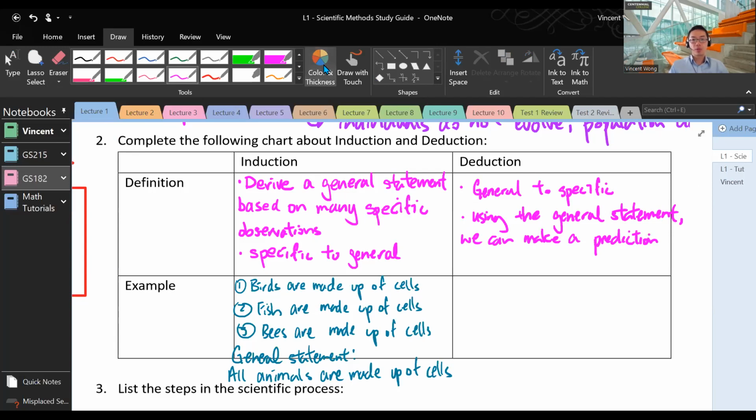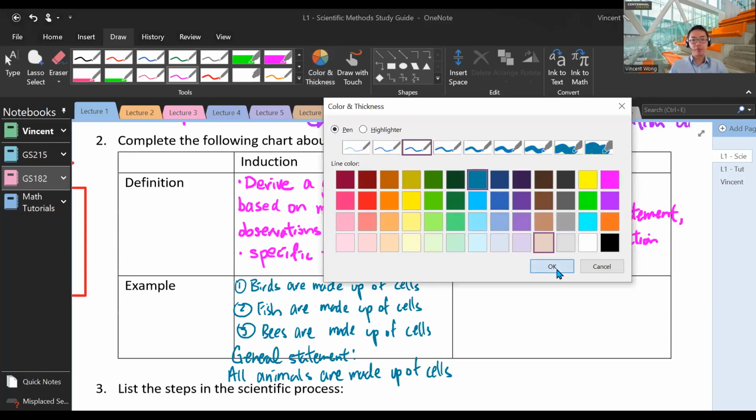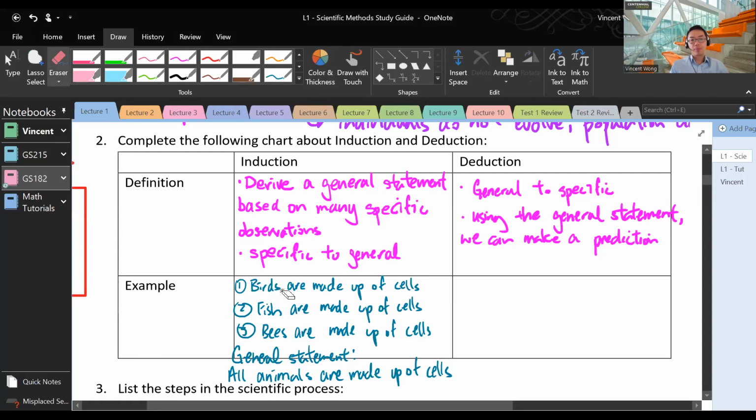So using the same example that I have here with the animal things: birds are made of cells, fish are made of cells, and then we made a general statement that all animals are made up of cells. So the deduction from that would be, well, a dog is an animal.